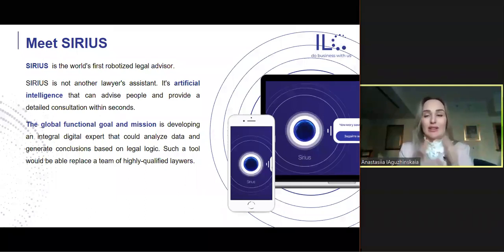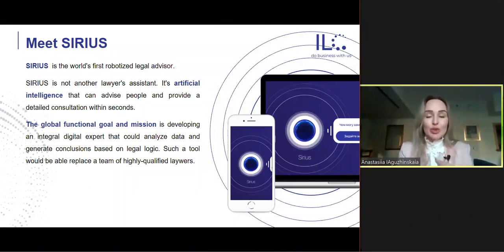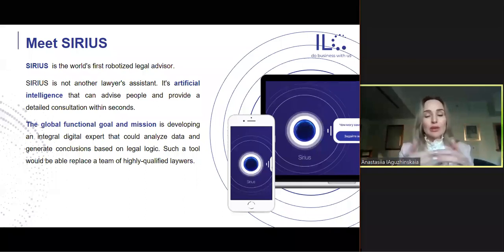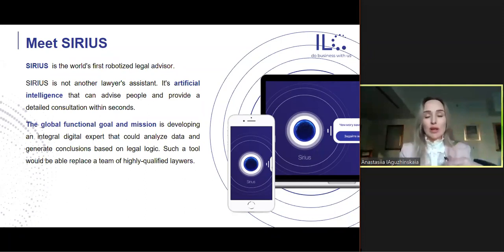And here there will be another technology applied we work with, and this is the first robotized legal advisor for people. We called him Sirius, artificial intelligence, and it will enable you to get the information you need by asking a question.